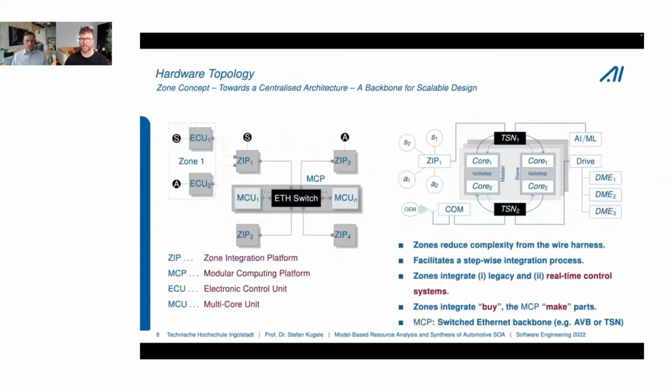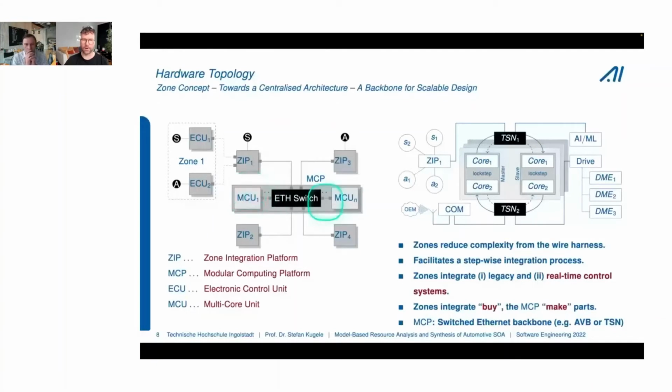When we have such a service-oriented architecture, of course, this is on the software side. This is not enough. We moreover need a technical execution platform. And there's currently the trend to go to more centralized architectures, as I depicted here on the left-hand side, where in the middle we have some kind of modular computing platform, which consists of many different ECUs or cores at the end.